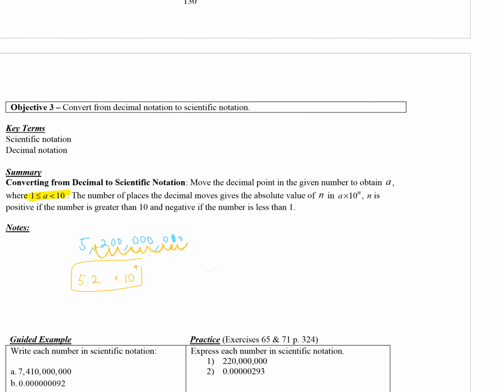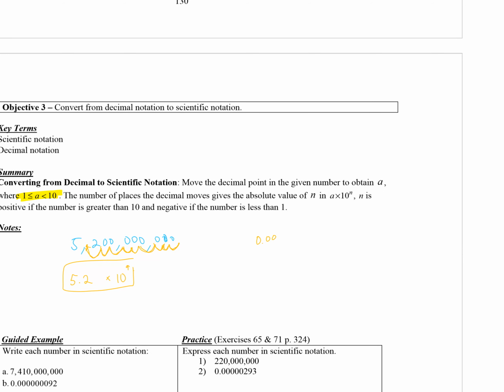Okay? Suppose you saw something like this, 0.00000045. Okay, how do I do that? Simple. You move the decimal until you get a number. 1, 2, 3, 4, 5, 6. Still not enough. Even though I moved this 6, it's 0.45. You have to get past 1.